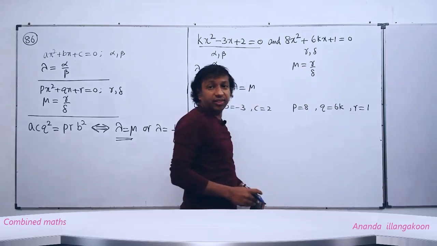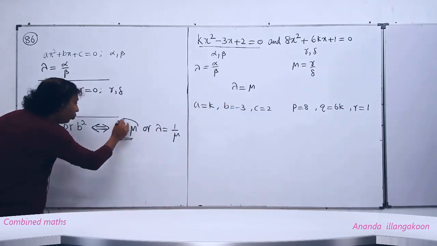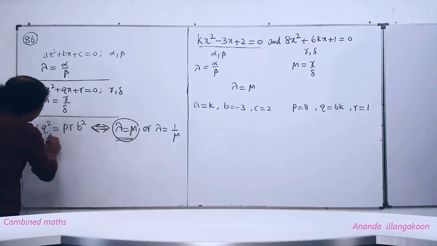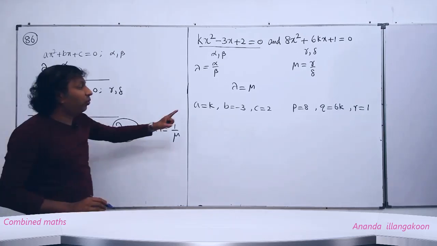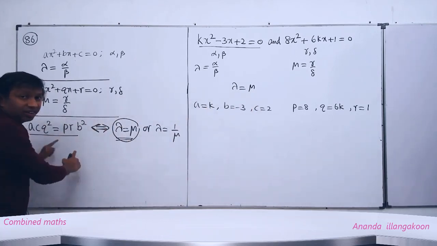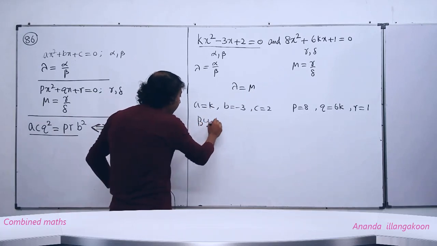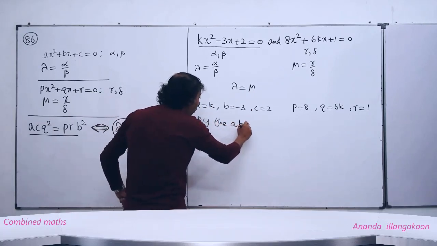Now, when lambda and mu are equal, that implies this equality. Here also lambda and mu are equal. Therefore, this relation now we can write by the above proof.